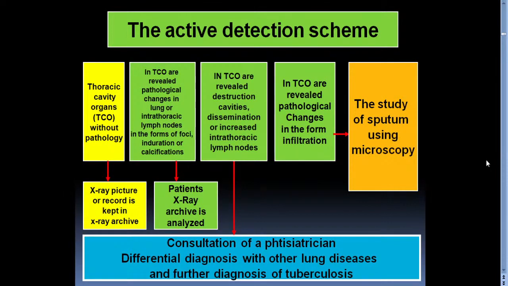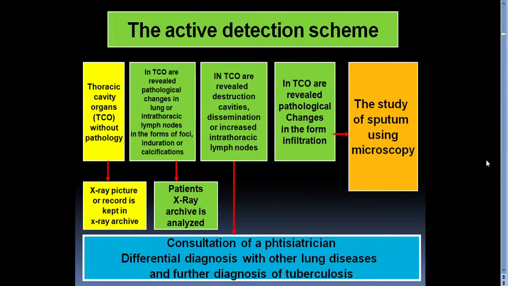On this film, you can see the active detection scheme. If at examination we did not find changes on X-ray, thoracic cavity organs without pathology, the X-ray picture or record is kept in the X-ray archive.